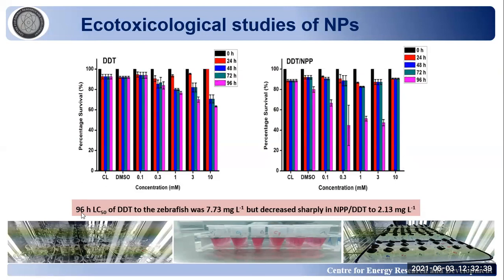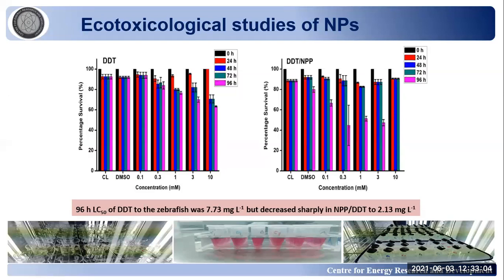So in the 96 hours, the LC50 of the DDT is about 7.73 milligram per liter. But this decreased sharply when we introduce nanoplastic, to about 2.13 milligram per liter, which shows that although nanoplastic is not toxic to the zebrafish embryo, it is acting as what we call a potentiating agent for DDT.